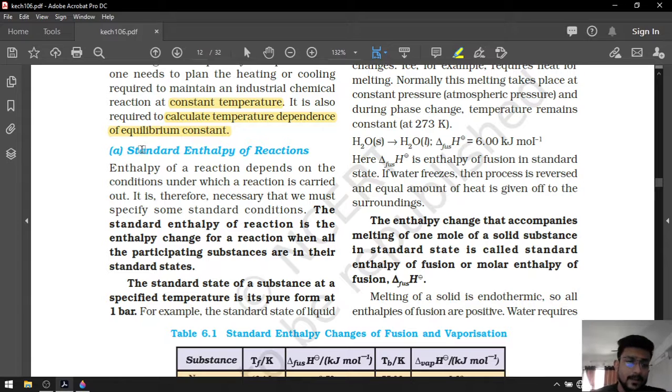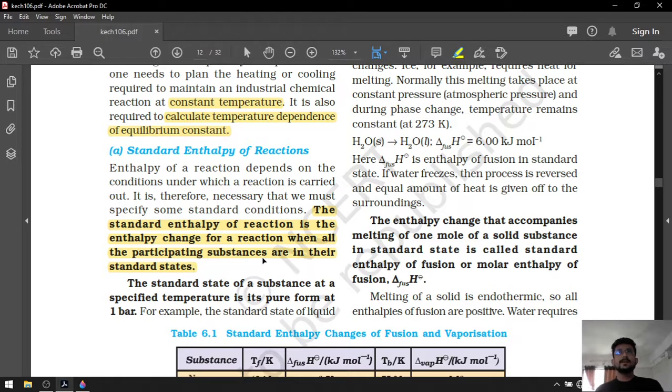Enthalpy of the reaction depends on the conditions under which the reaction is carried out. It is therefore necessary that we specify some standard conditions: at which temperature we are talking about, at which pressure we are talking about. The standard enthalpy of the reaction is the enthalpy change for the reaction when all the participating substances are in their standard states.